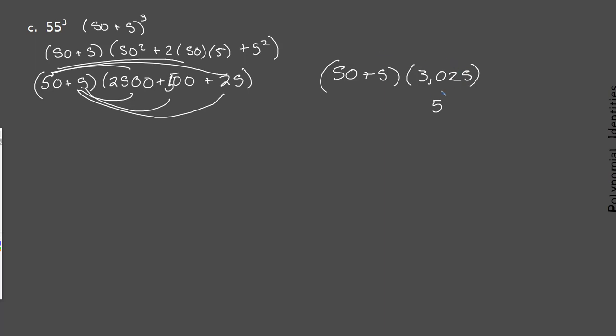Carry the 2. 2 times 5 is 10 plus the 2. Carry the 1. 5 times 3 is 15. Now we're going to add to that 50 times. So when I do 50 times, I'm going to put a 0. And it's going to be 5 times the other number. So we've already got that number found.